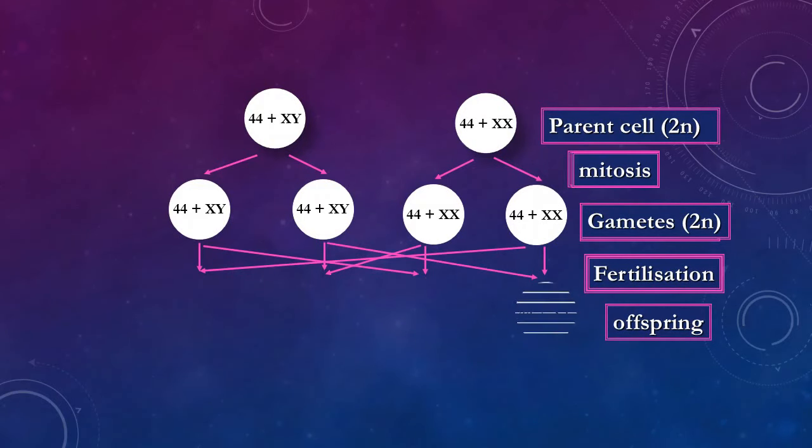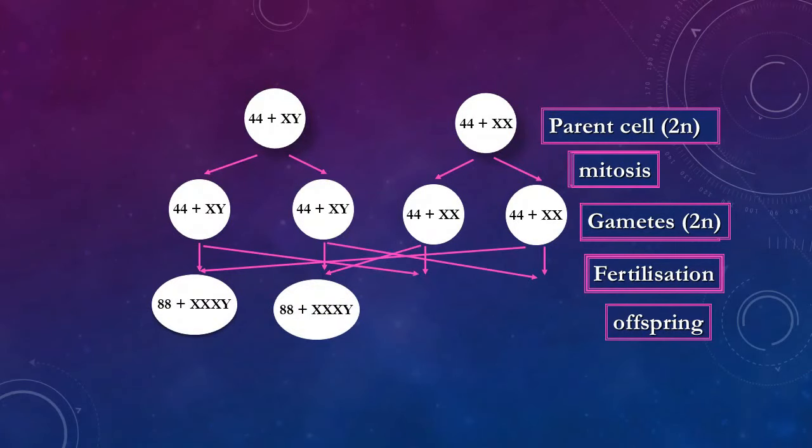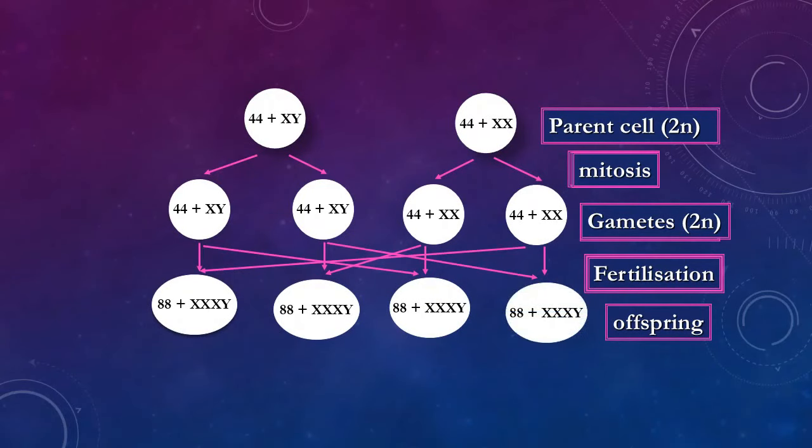So after fertilization, what is the chromosomal number of the offspring? Yes, the chromosomal number of the offspring would be 88 plus XXXY, which is double the chromosomal number of the parent cell.